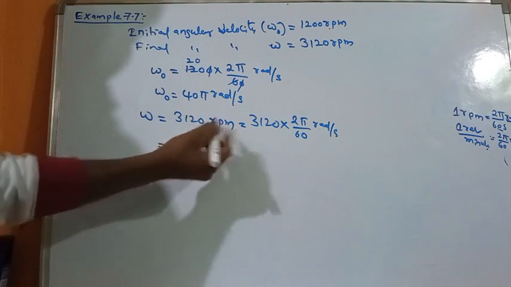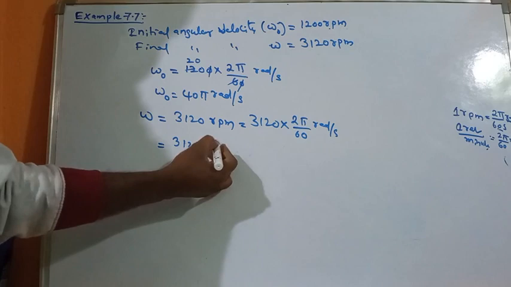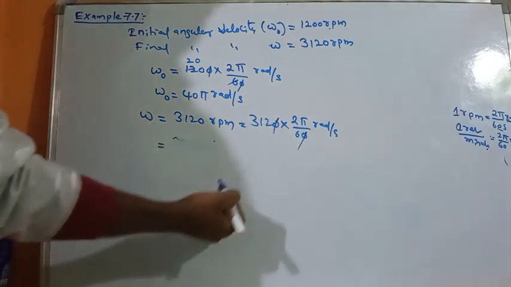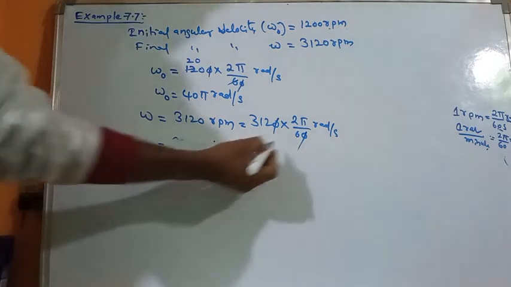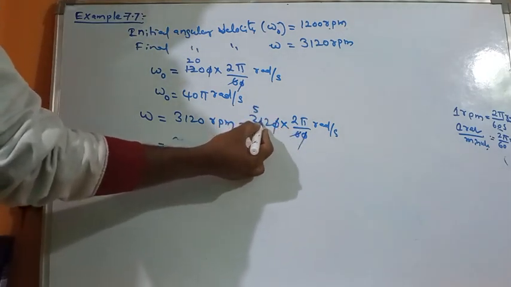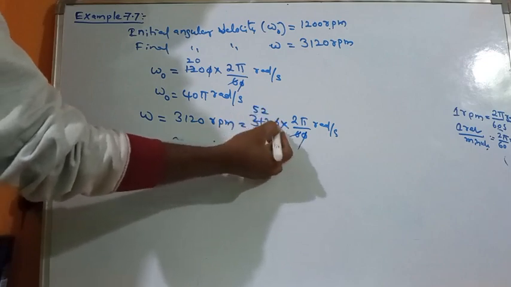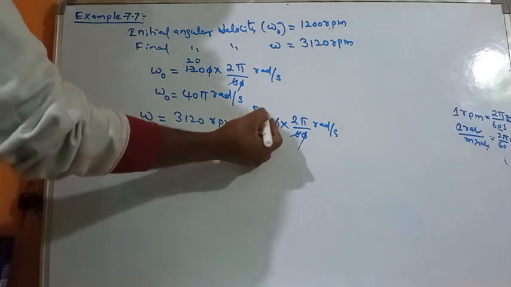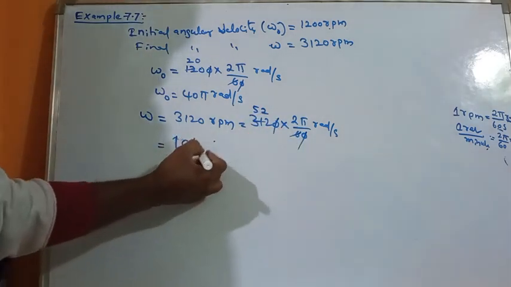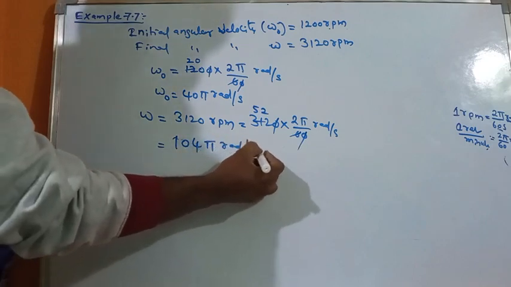Here the 0s cancel, and 6 ones are 6, 6 fives are 30, 6 twos are 12. Then this is 52 into 2, that is 104 pi radians per second.